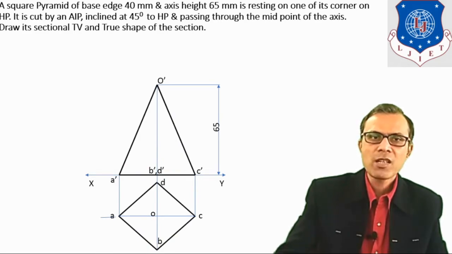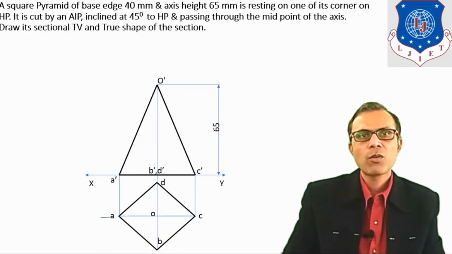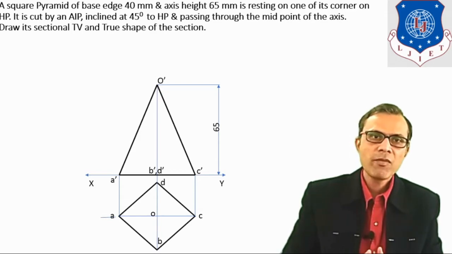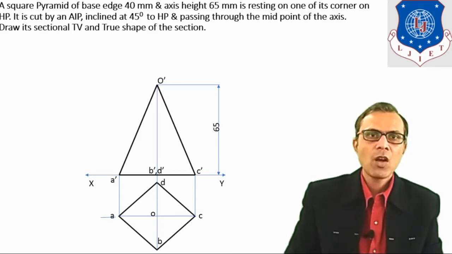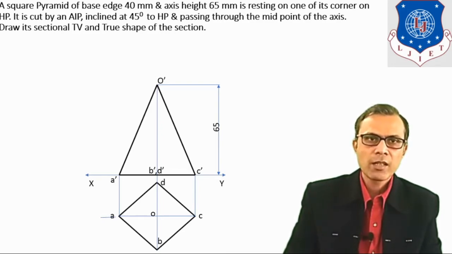So it is the first stage where we are making the drawing same as we were doing in the case of projection of solid. Now for the second stage, we have to consider the section plane, and for that we first locate the position of the cutting plane according to the given condition.